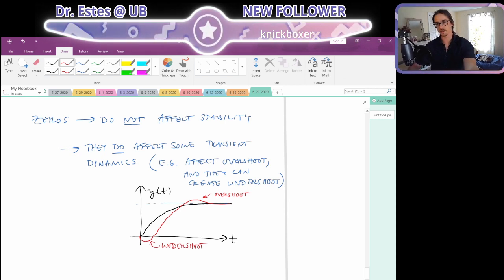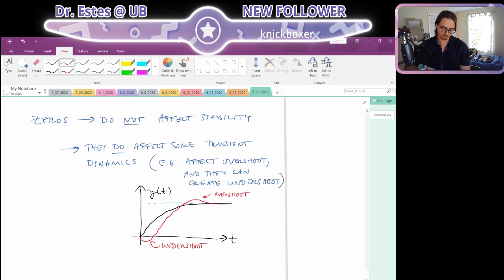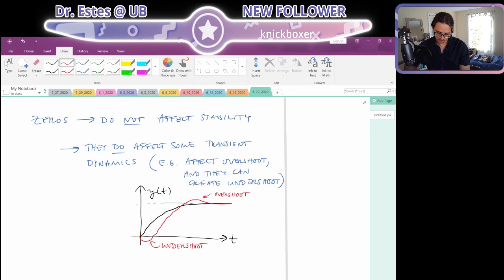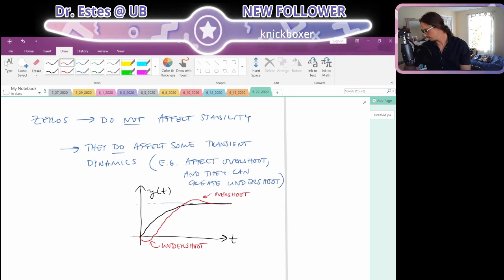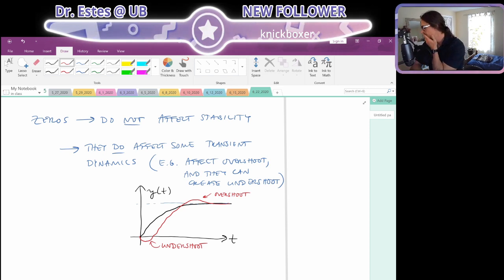So if you see something like that in a step response, that gives you a clue. They're funny little things. I'll see if I can come up with more practical examples of what zeros do as we go on.